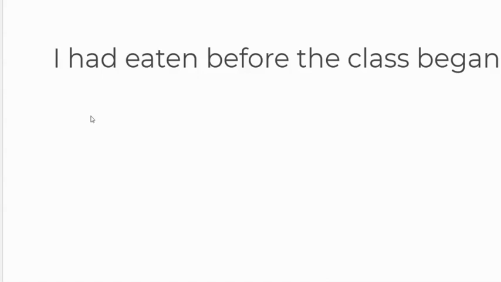the present perfect tense is a tense that refers to an action that is complete, or in this case, the past perfect tense is a tense that refers to an action that is complete in relation to another action in the past. So the other action in the past is when the class began. I got that?